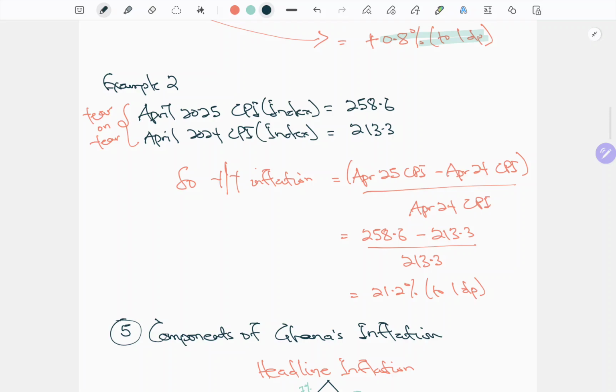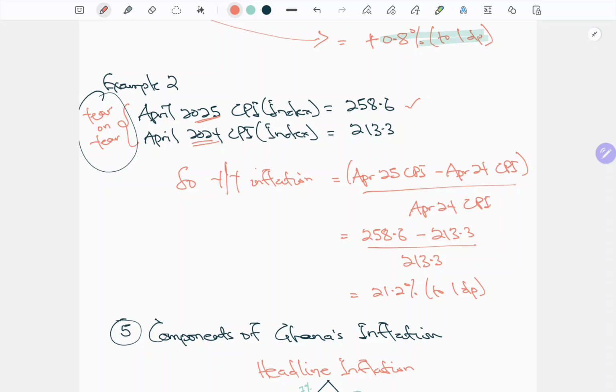Now, let's see how the situation will look on a year-on-year basis, right? Again, we pick CPI for April 2025, which was 258.6. We pick CPI for April 2024, because remember, we're trying to do a year-on-year change. So 25 versus 24.